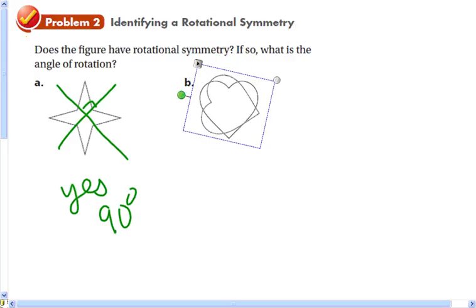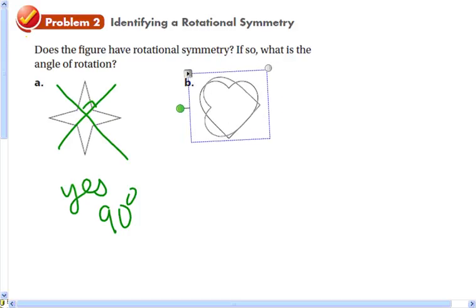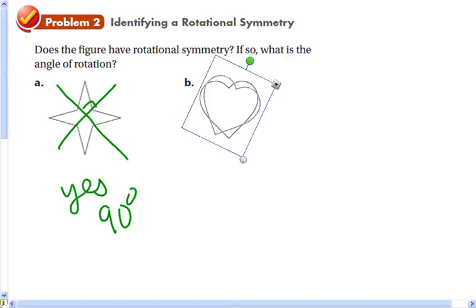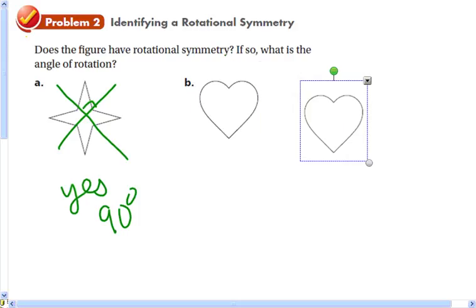I have rotated it. Now there's 180 degrees, and at no place in there did it land on top of itself. You can take any object and rotate it 360 and it'll land on itself. So this has no rotational symmetry. All right, go ahead and try that.